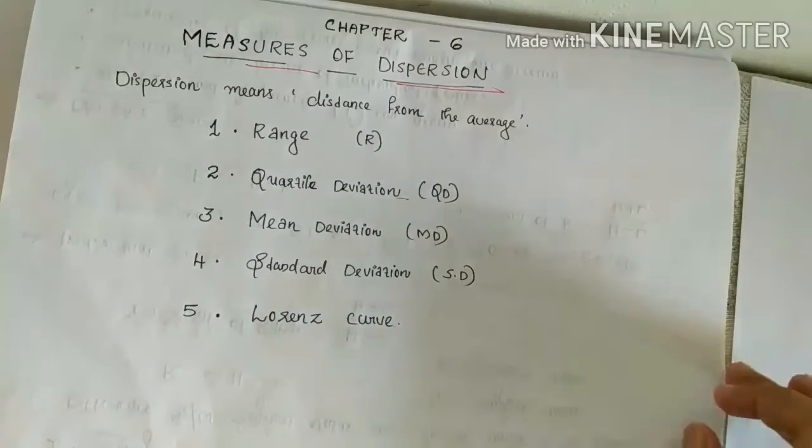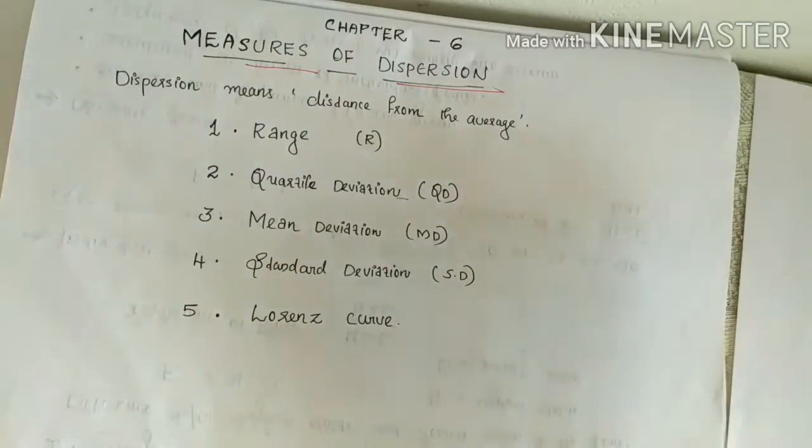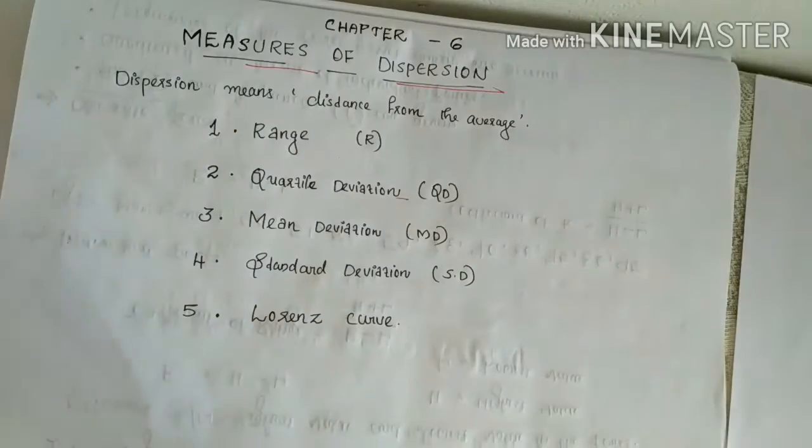So the average gives you the central value, but that does not give you the correct picture of the variability of the data, or how the data are scattered or spread, right?